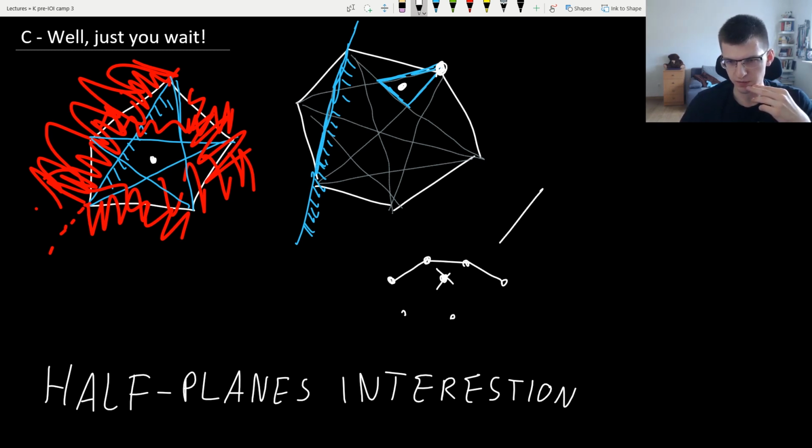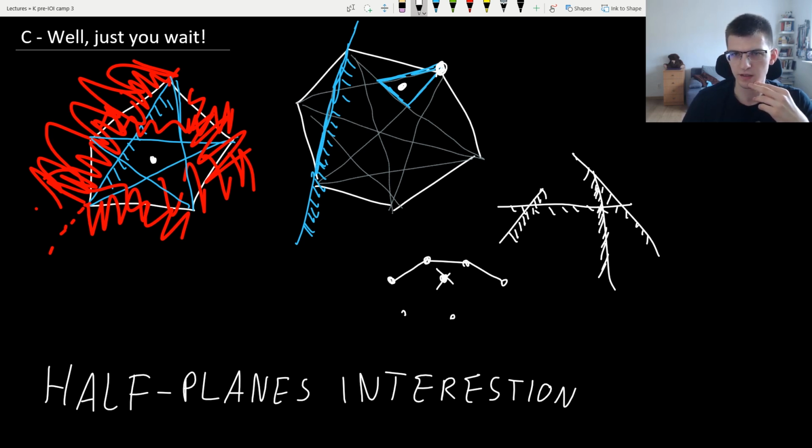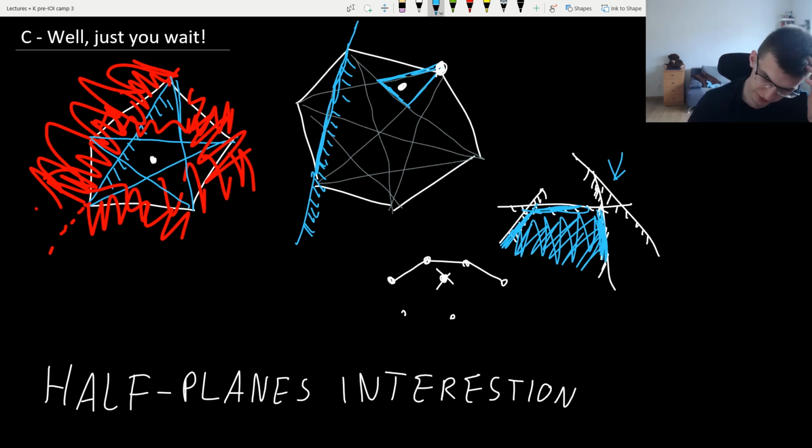If you have a half plane like that, and like that, and like that, then this one doesn't matter. You are looking for something like the opposite of convex hull, something that is inside. This area is right now the intersection of everything.